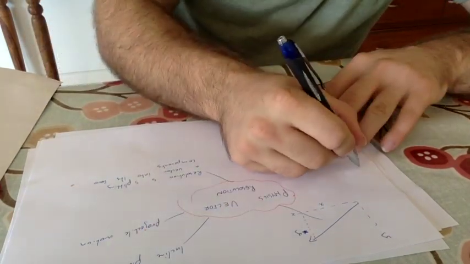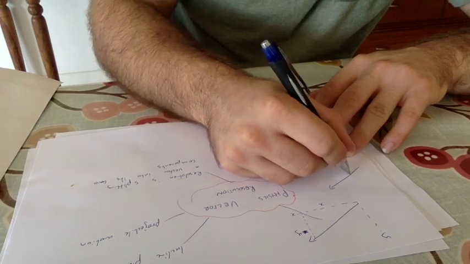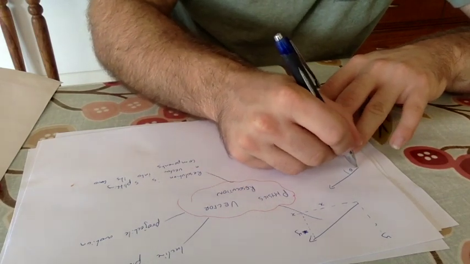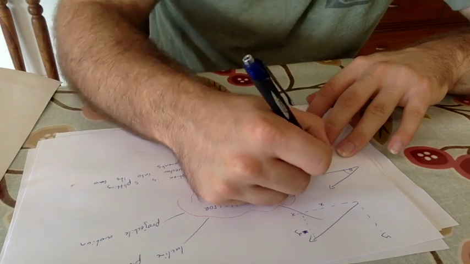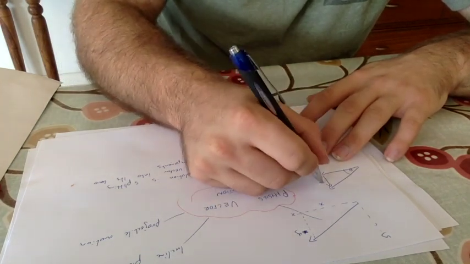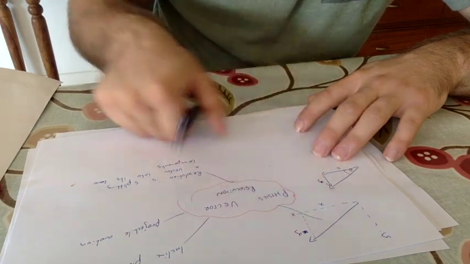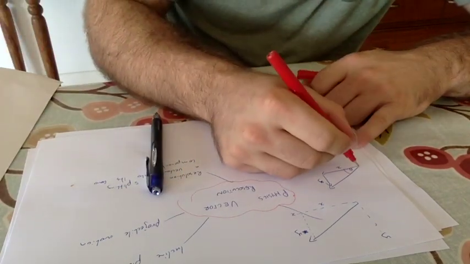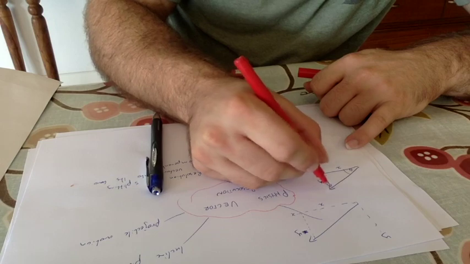So if you have your vector going that way, your angle, then that's going to be your x, your y. I'll label this one red to make sure it's the resultant of the two.